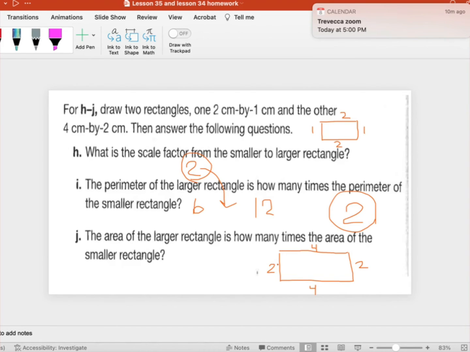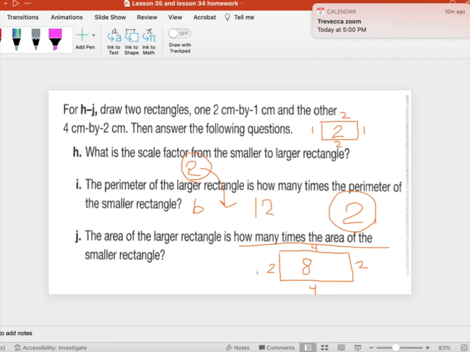But the area of the larger rectangle is how many times the area of the smaller rectangle? The smaller rectangle is 1 times 2, which is 2 square centimeters. The area, 4 times 2, is 8 square centimeters. Remember back, where was it that we said it goes up by the square of the scale factor?